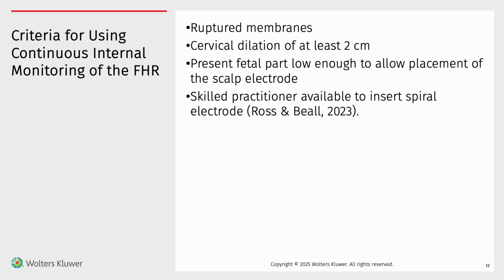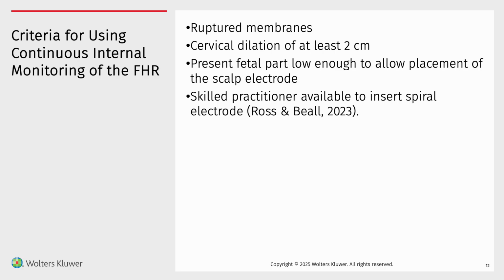Okay, this slide outlines the specific clinical criteria that must be met before internal fetal monitoring, using tools like the fetal scalp electrode or the intrauterine pressure catheter, can be safely and effectively performed. First and most important, the fetal membranes must be ruptured.